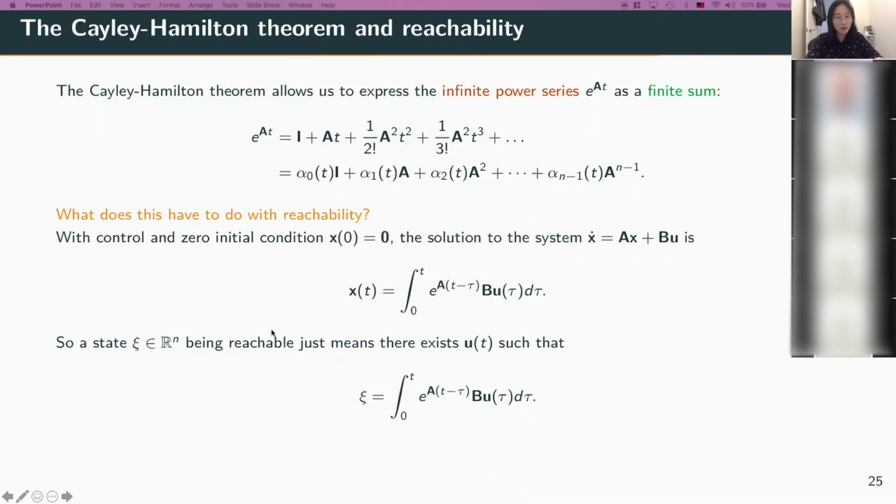Because this is essentially any state, we can define reachability as: if a state Xe is reachable, then there exists some actuation such that this is satisfied for finite t.